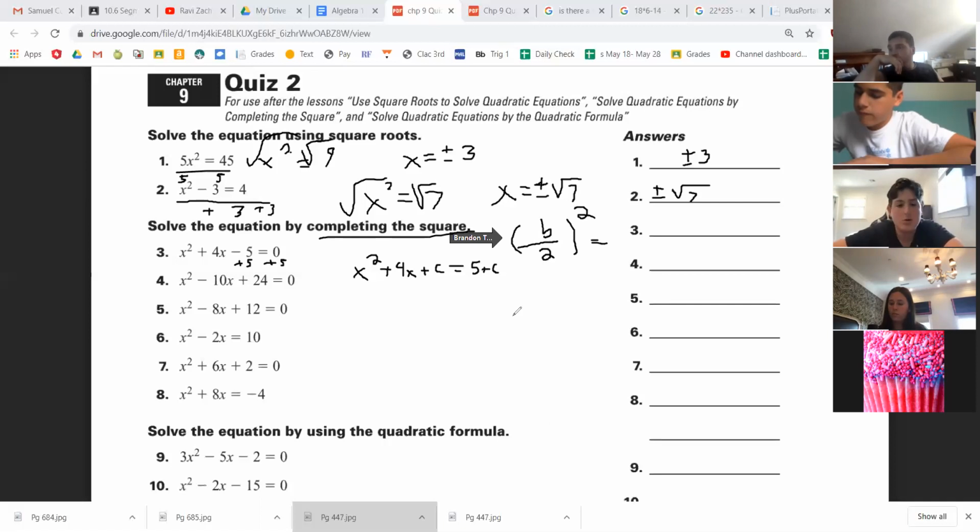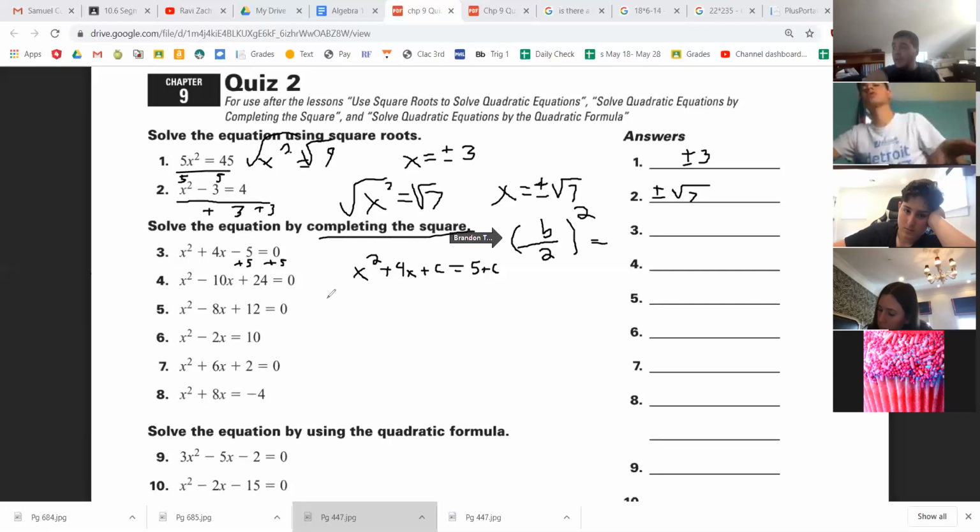Why did you put the c? That's part of the steps. That c is going to become a number to make this a perfect trinomial. And we're going to talk about what a perfect trinomial lets us do, okay? C is going to be 4 in this one. And I'm sorry, I put negative b. It's not negative b. It's just b over 2. I apologize for that. You can fix that right now.